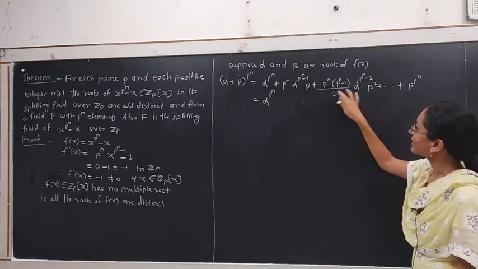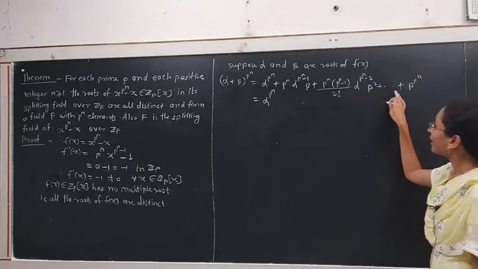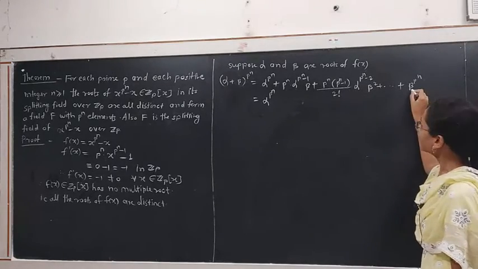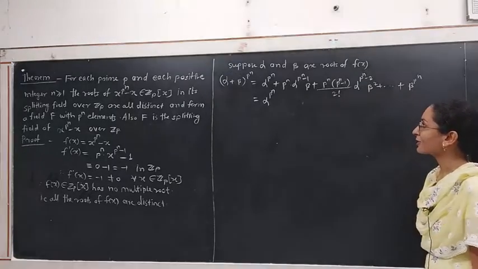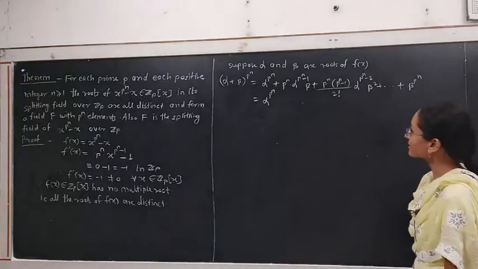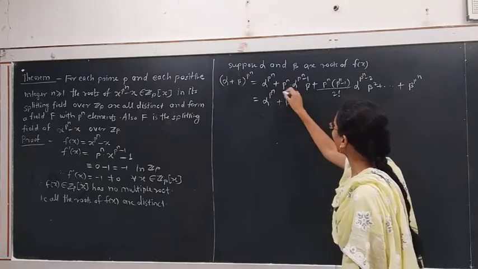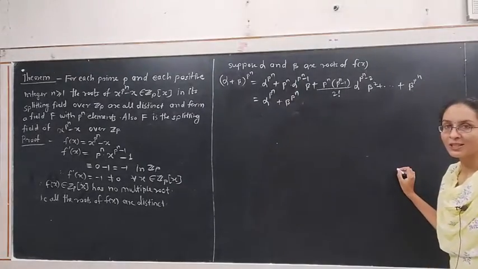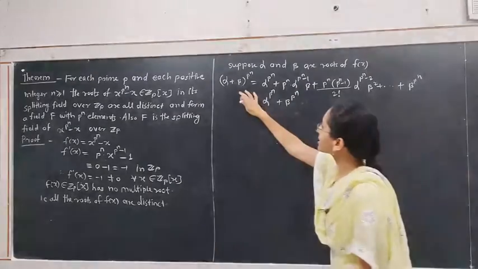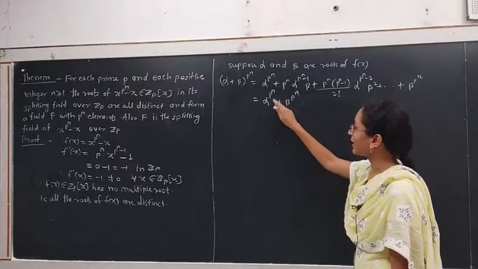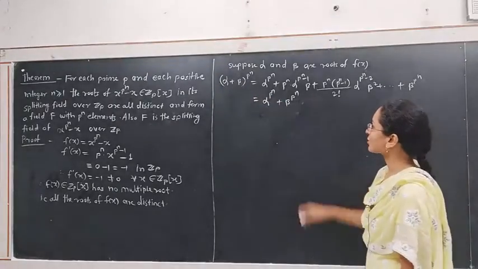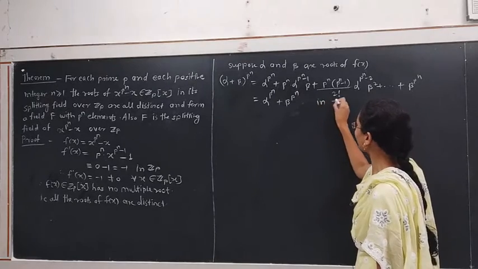Its next term also contains a power of p. Only the first and last terms do not contain a power of p, hence they are non-zero, plus beta^(p^n). All the middle terms are congruent to 0 modulo p. Hence (alpha plus beta)^(p^n) equals alpha^(p^n) plus beta^(p^n) in Zp.